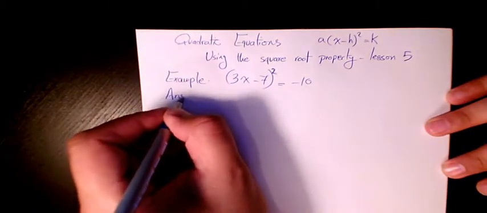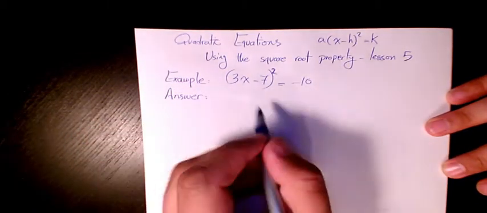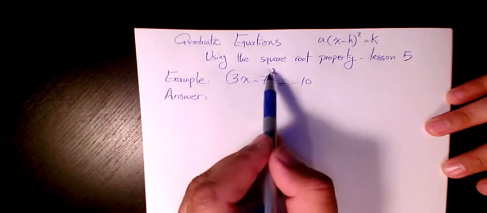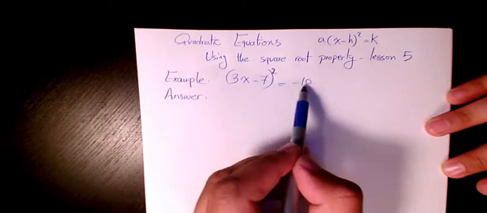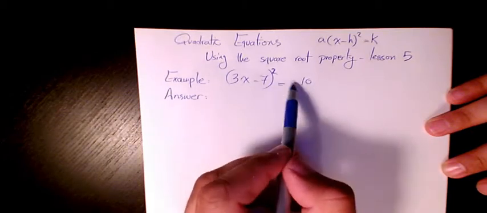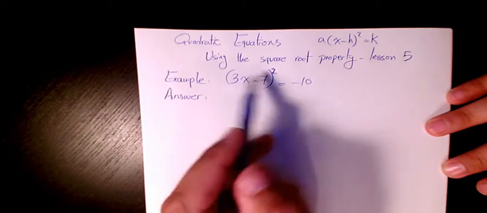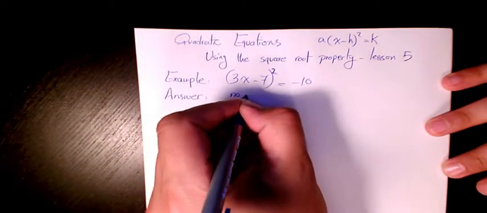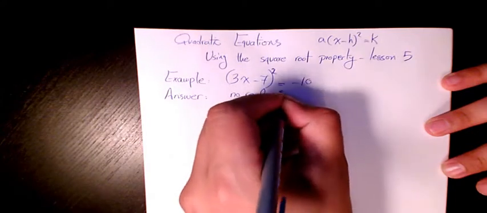Answer is there is no real answer. Why? Because any expression to the power of 2 must be equal to a positive value. But here we have negative 10, so that's not possible with real numbers. So there is no real solution.